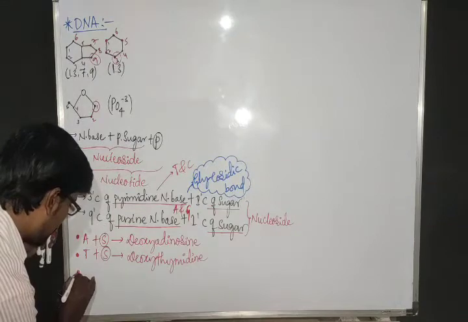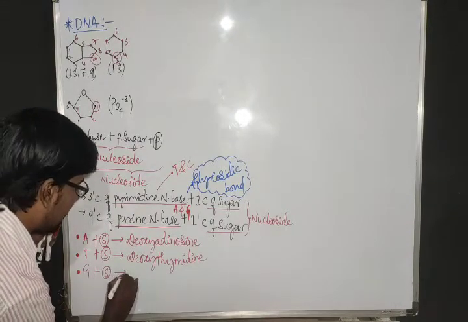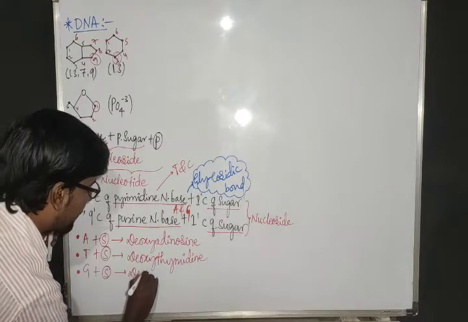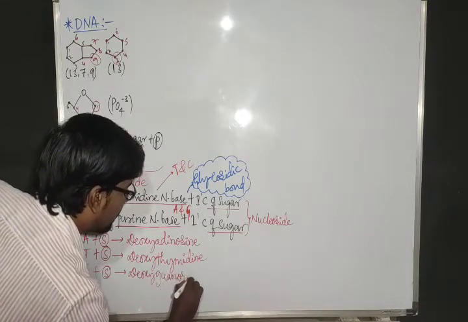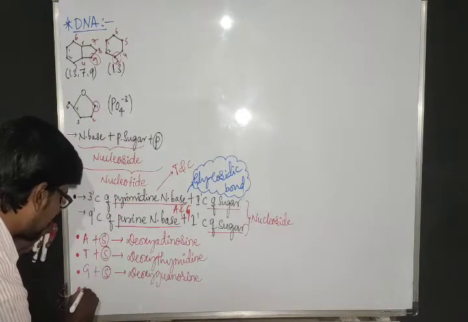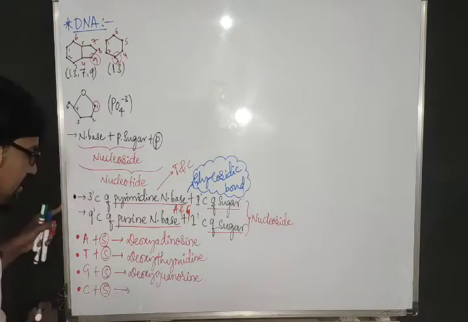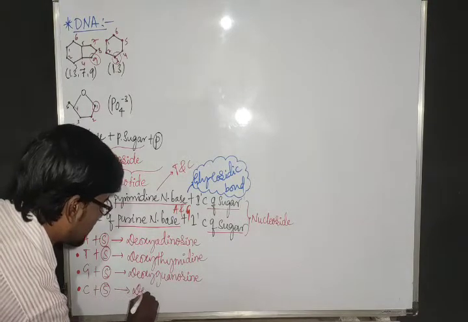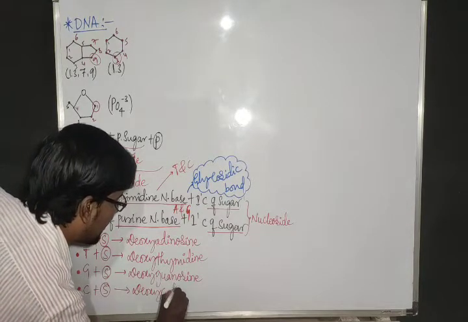Next one. Guanine combines with the sugar. Then its name is deoxyguanosine. Then the fourth one. Cytosine combines with the sugar. Then its name is deoxycytidine.